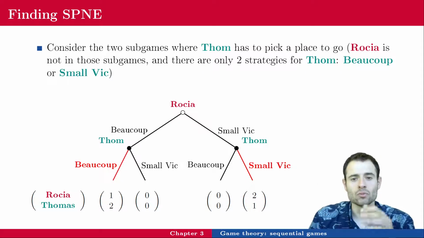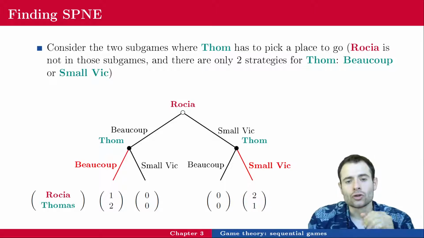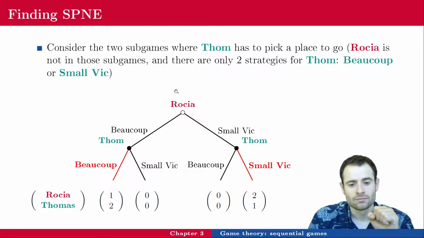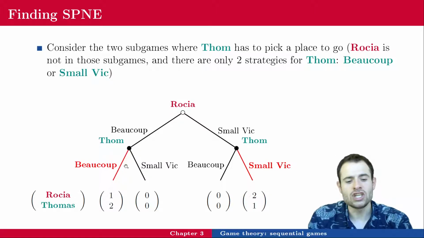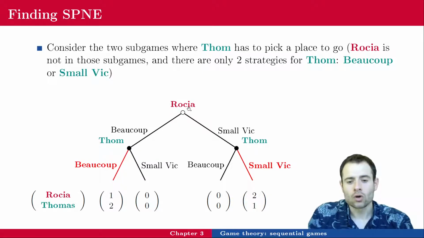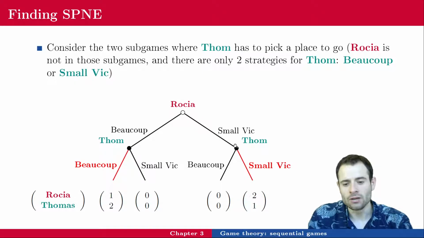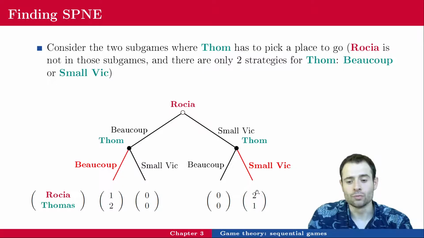Now, I have to move to the last subgame, which is the game itself. But I am going to take into account what Tom will do in each case. So Rosia can either go to small victory, and in this case, Tom's best response is to go to small victory. So if she goes to small victory, he goes there too, and she gets a payoff of 2.